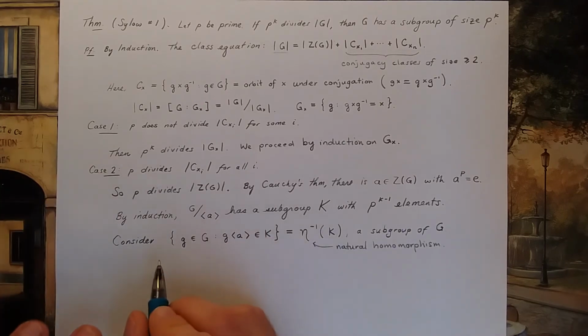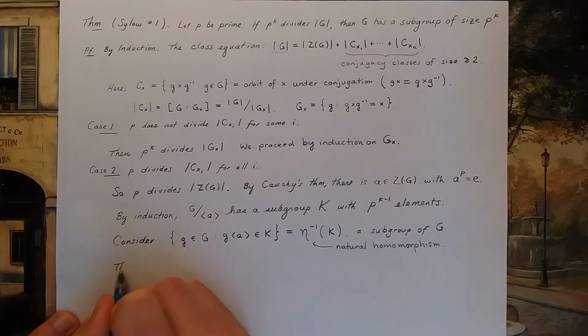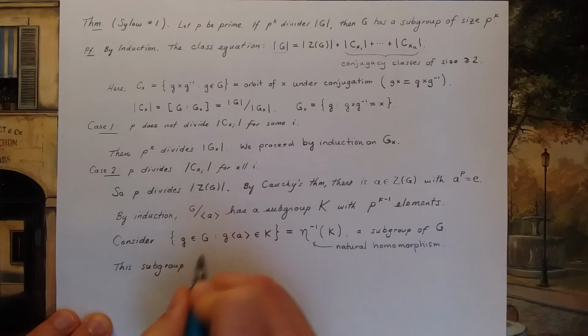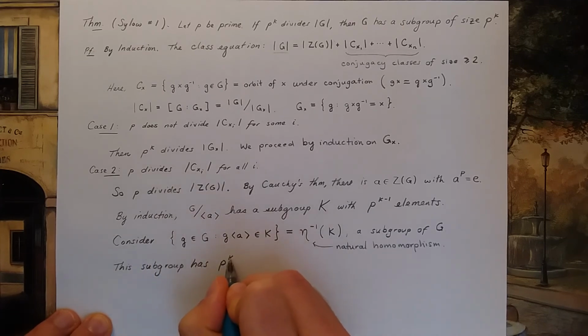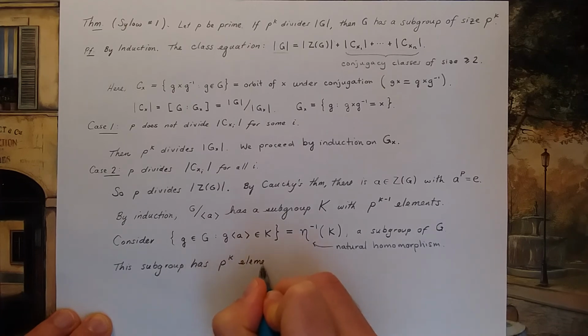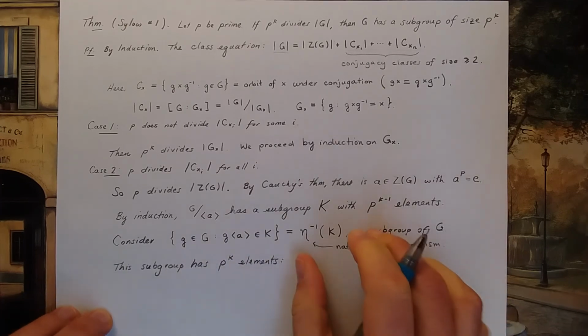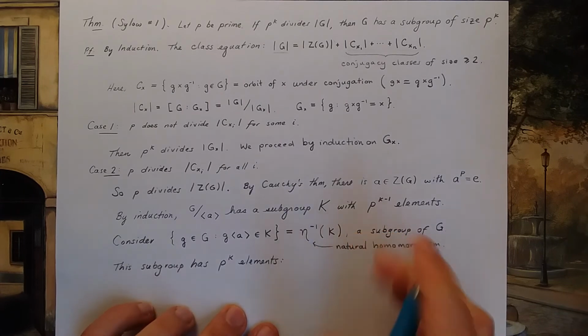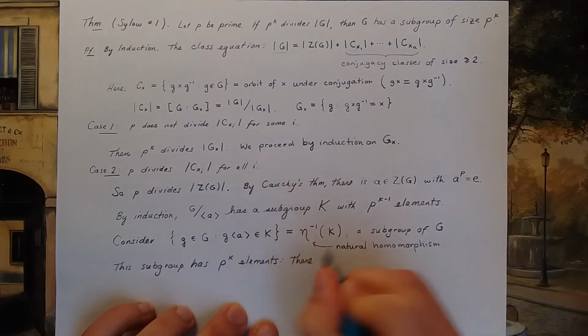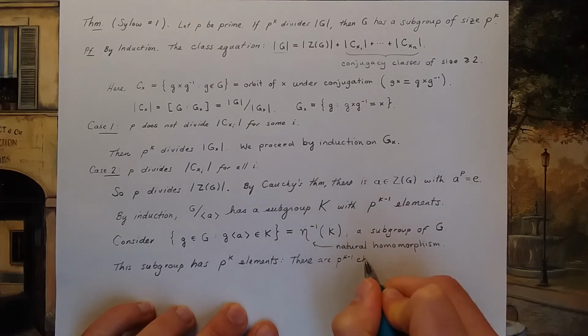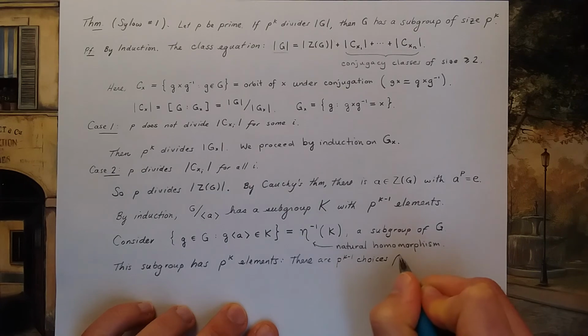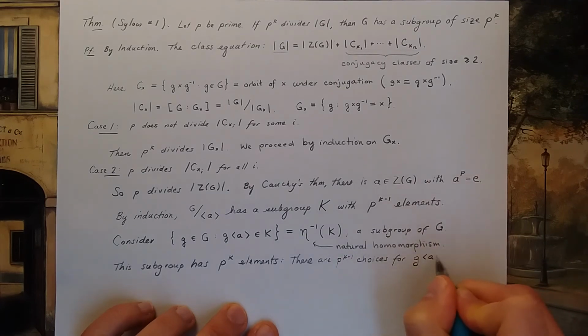So to count this, what I'm saying is this subgroup has p to the k elements. Why? Well, there are p to the k minus 1 choices for the coset gA.